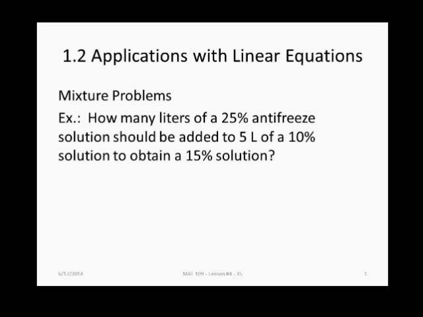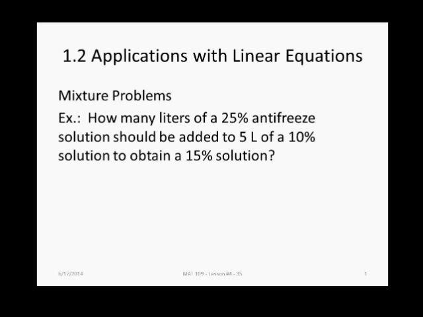In this case, we have one solution of 25% antifreeze, and a second solution of 10% antifreeze. We have 5 liters volume of the 10%, and we want to wind up with a 15% solution.